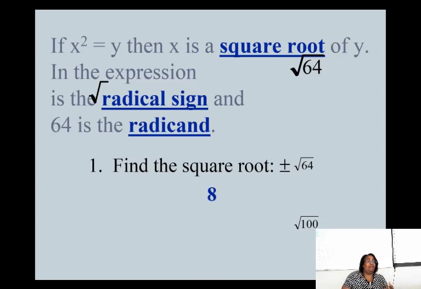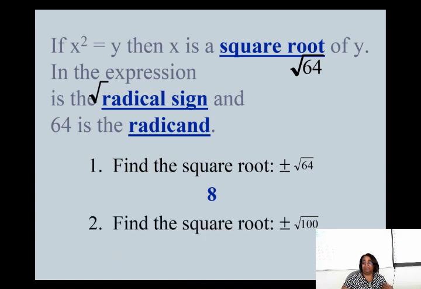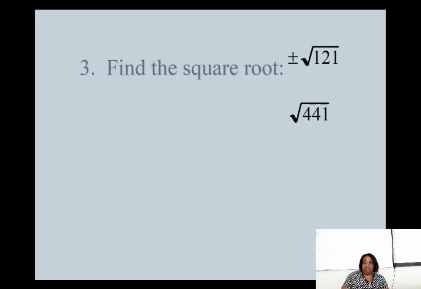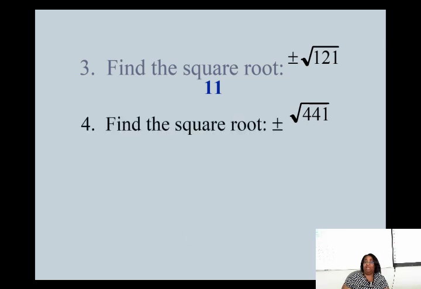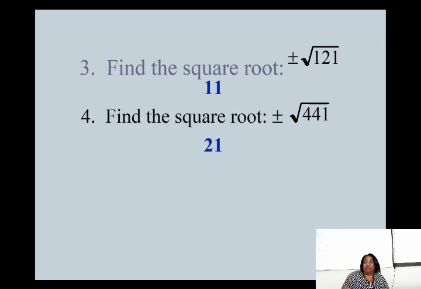Okay, and then what about for 100? 10. 10 times 10 is 100. Okay? And like I said, I want you to concentrate on the positive one, even though there is a positive and a negative. Let's see if you guys know these. What about the square root of 121? 11. Okay. And what about 441? 21. 21 times 21 gives me 441.